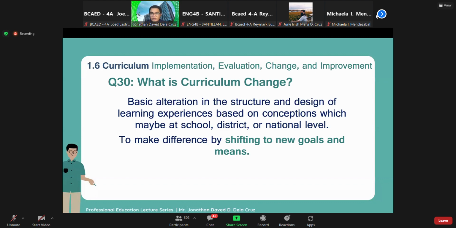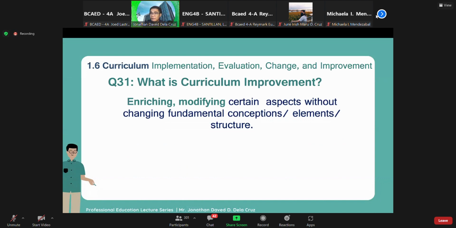So to make difference by shifting new goals and needs. Change is structural, design, and goals shift. So kapag nag-iba kayo ng goals, nag-iba kayo ng structure at design, it's already curriculum change. Pero kapag enhancing lang naman or enriching or modifying, wala kayong binago sa structure, wala kayong binago sa design or goals, that's called curriculum improvement.